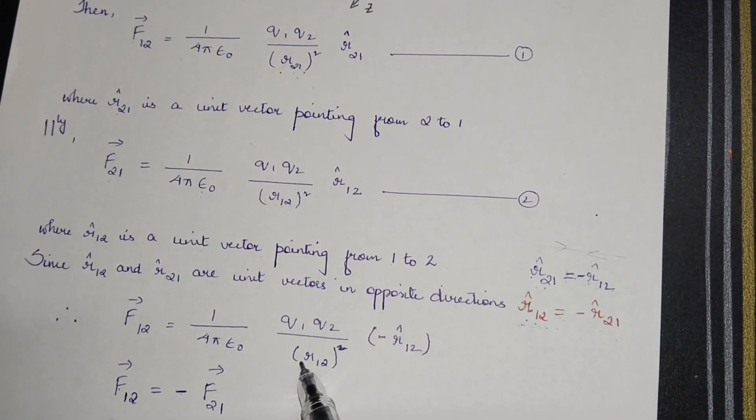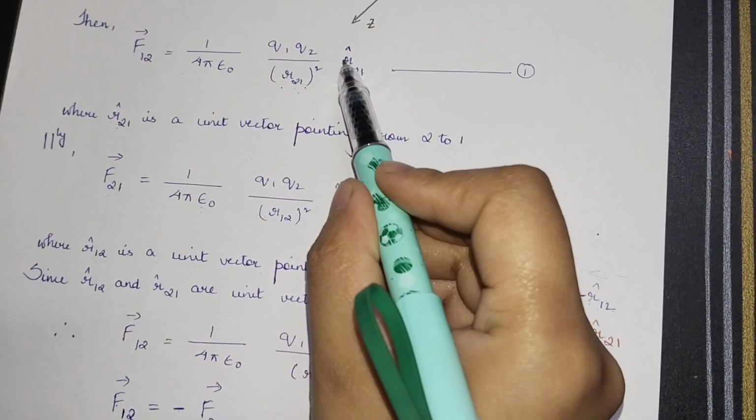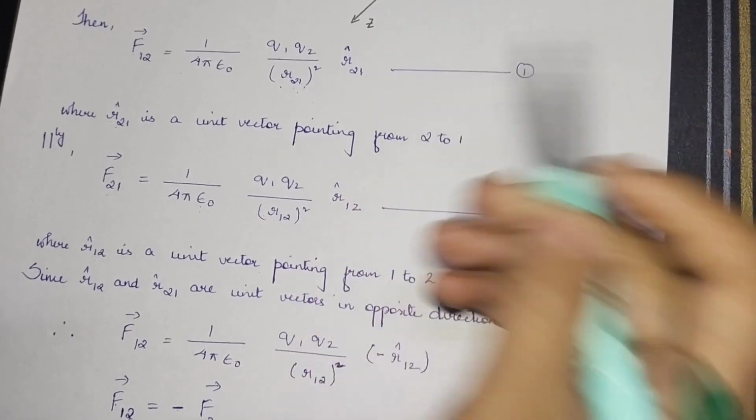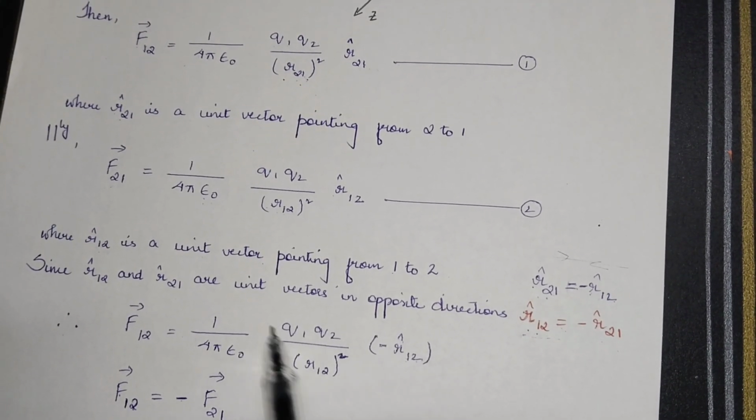Here I'm not writing a minus sign because if we square anything, it becomes a positive term. And then we have one more thing here, which is r21 cap. In place of r21 cap, I'll be writing minus r12 cap.